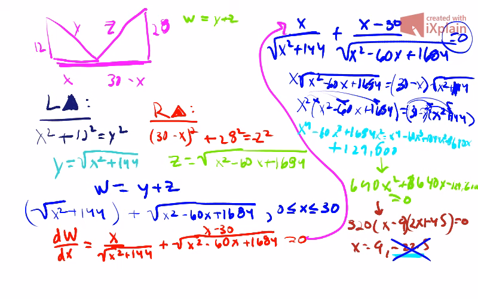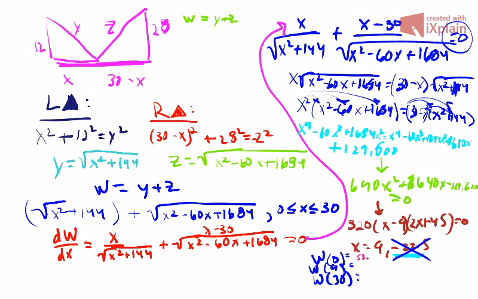So, now, because we love calculus, we have to plug in the zero, and then we have to plug in 9, and then we have to plug in 30. Now, I'm not going to do that because I don't have enough room. I'll just tell you, because I'm a nice person.